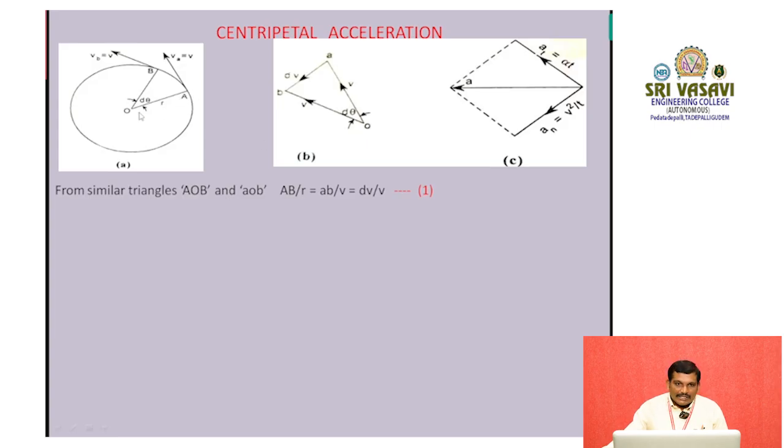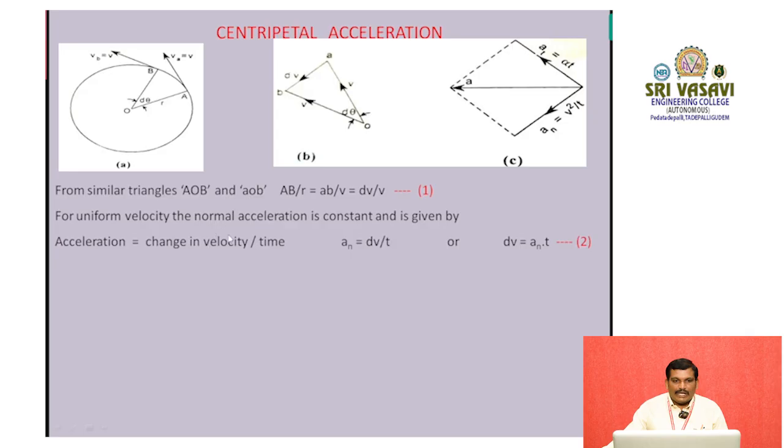From similar triangles AOB and small aob, AB by r is equal to small ab by v, that is dv by v. For uniform velocity, the normal acceleration is constant, and it is given by change in velocity by time. So an is the normal acceleration, that is dv by t. Then change in velocity dv is equal to an into t.